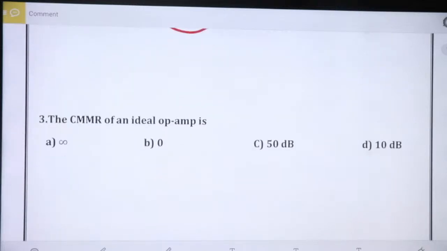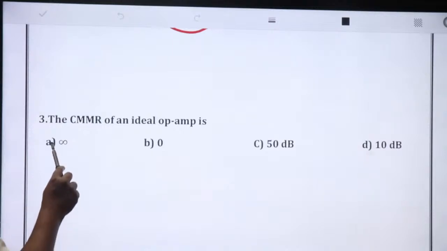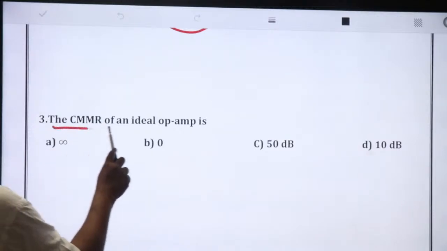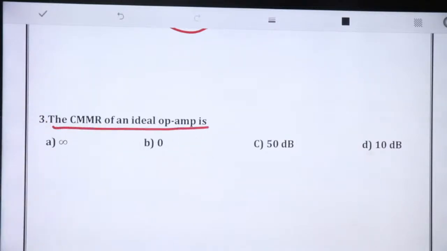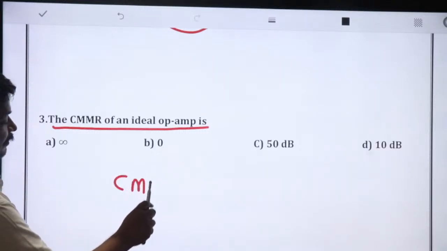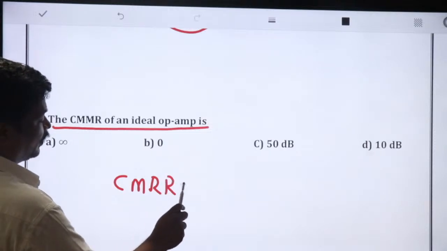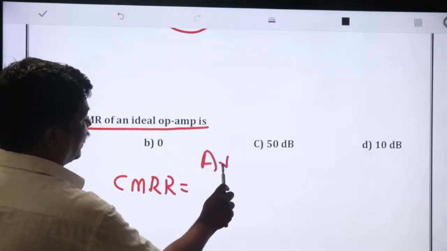Next. Generally, the common mode rejection ratio of an ideal operational amplifier, CMRR, is equal to differential gain by common mode gain.